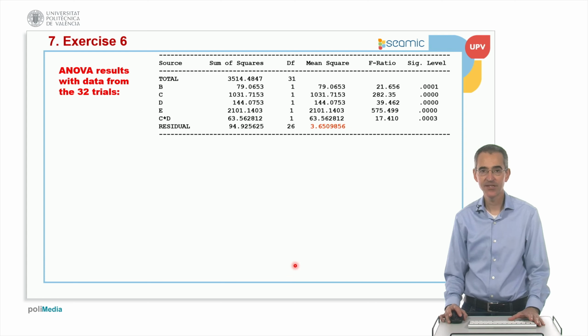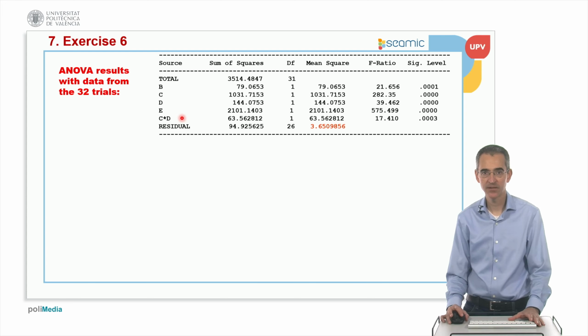We can see that B, C, D, E, and the interaction between C and D become statistically significant. The simple effect of A has been removed, and also the other double interactions have been removed because they were not significant.